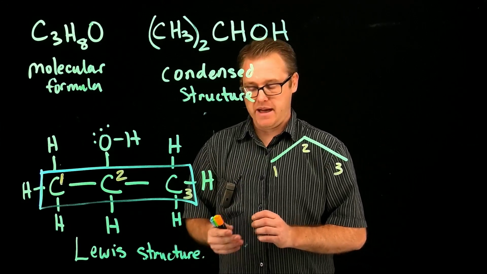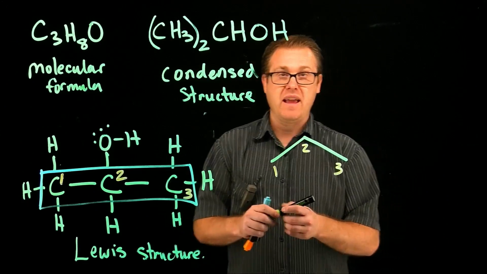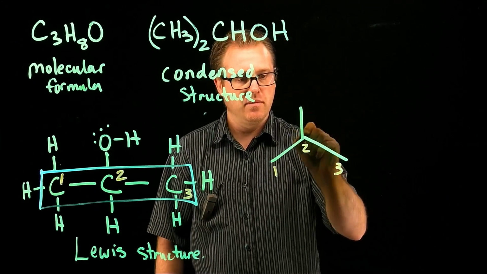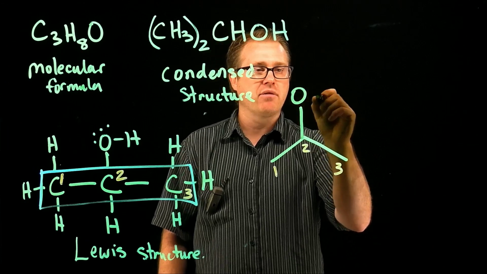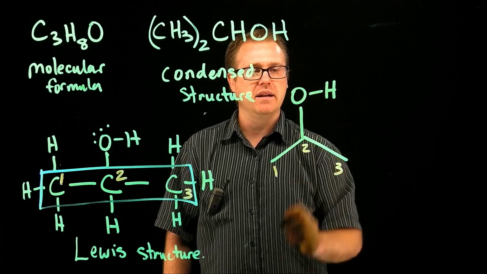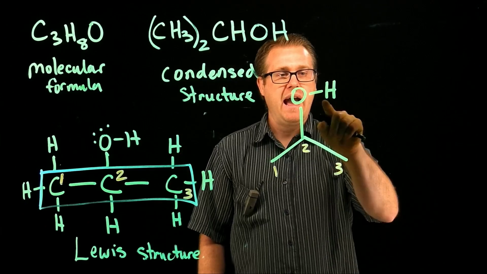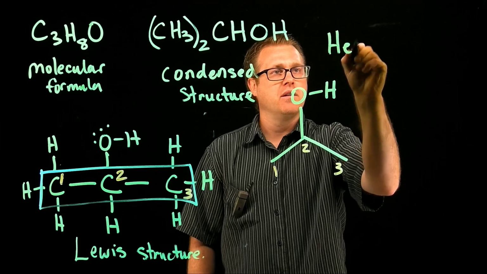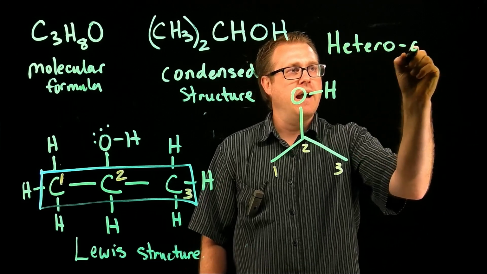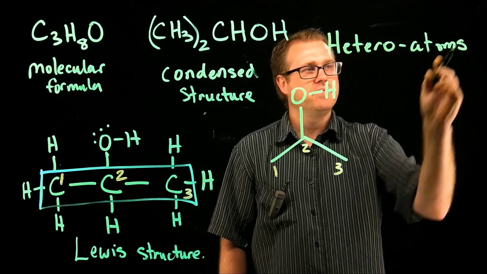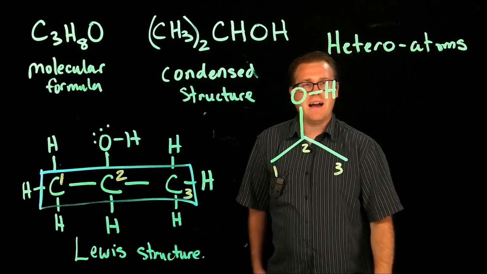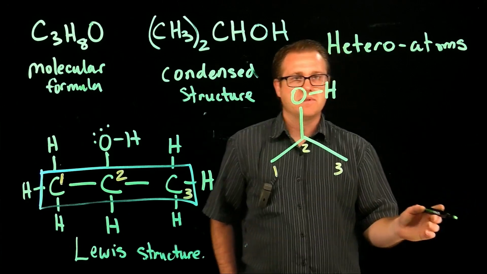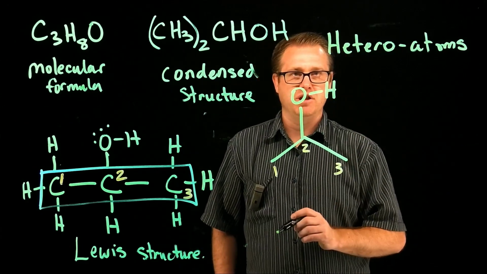They are implied. But if the hydrogen atom is attached to a heteroatom, like this, then you have to draw on the hydrogens. I use the word heteroatoms. Heteroatoms are all atoms except carbon and hydrogen.